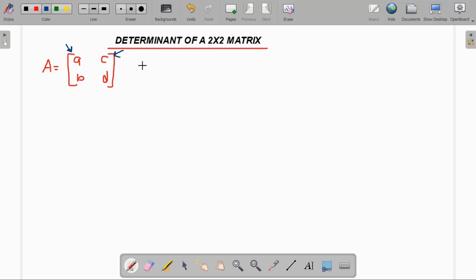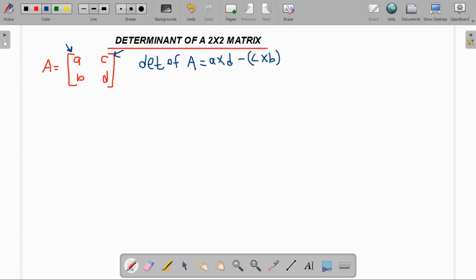What I mean is that we're finding the determinant of A. The determinant of A is equal to the product of the major diagonal, a multiplied by d, and then we subtract c multiplied by b, or b multiplied by c.